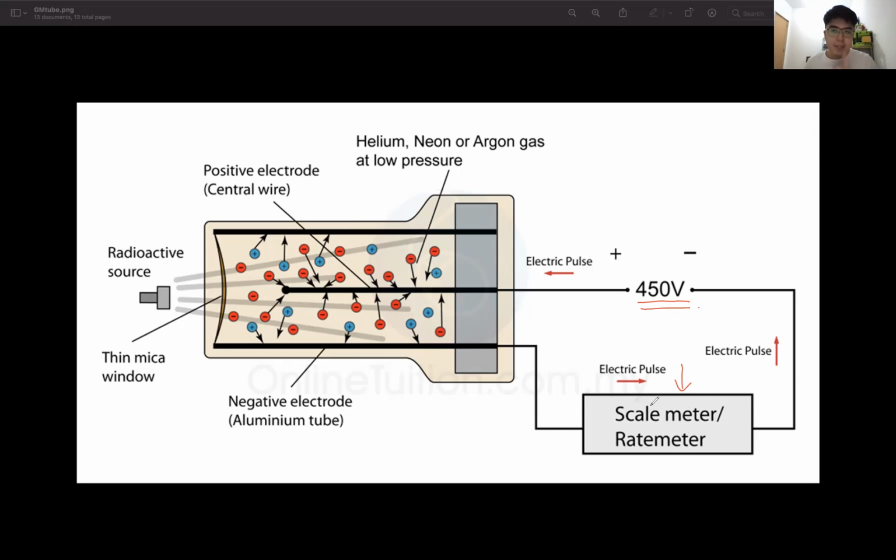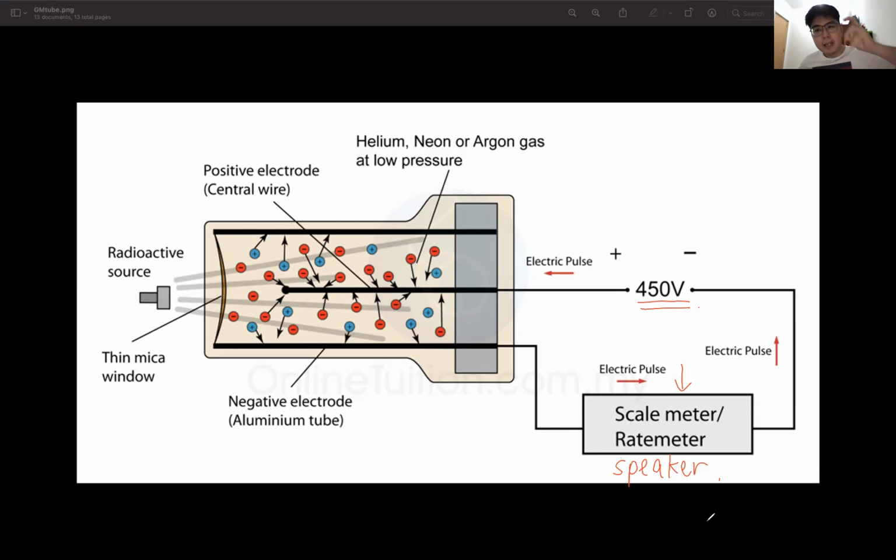So sometimes you will see that they use a speaker instead of a scale meter. Why do you use a speaker? With a speaker, we can hear the sound of the emission. If you change it to a speaker, then you can hear the emission. It sounds like tak, tak, tak, something like that.